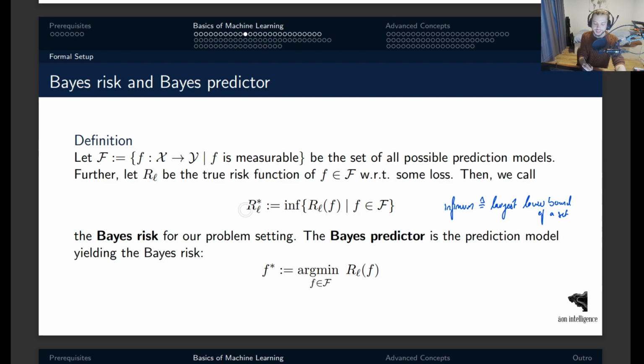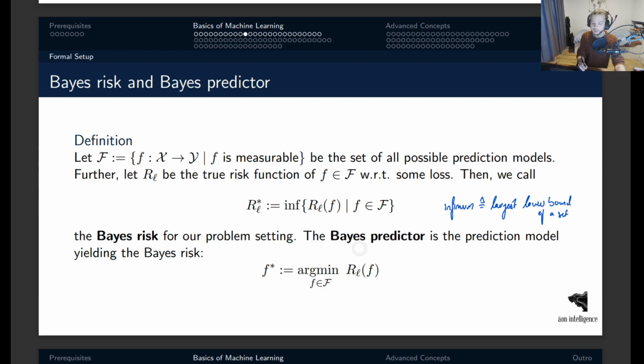So the Bayes risk, this quantity, is the minimal true risk that we could achieve by considering functions f that live in calligraphic F, so that are measurable mappings from input to output spaces, right? So this is actually the solution to the optimization problem I formulated on the previous slide. This is the true risk that we want to achieve.